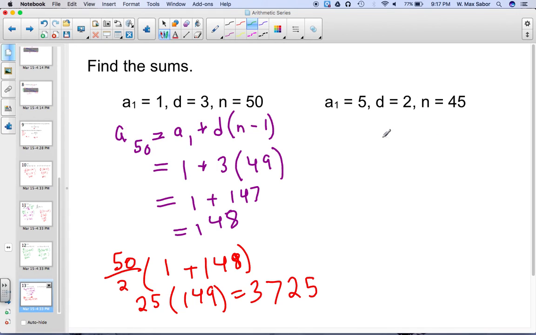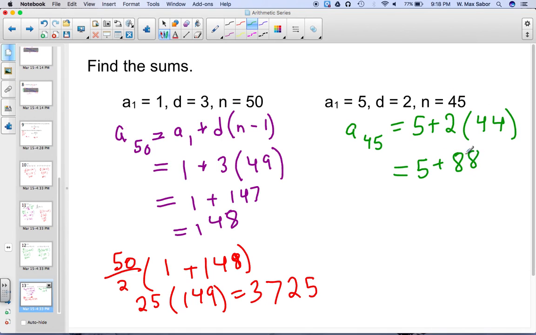Here, same idea. The 45th term of this sequence that starts with 5 and has a common difference of 2 is 5 plus the common difference times 44, 45 minus 1. So we have 5 plus 88, or 93.